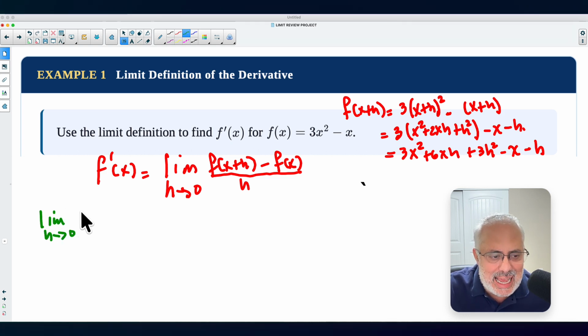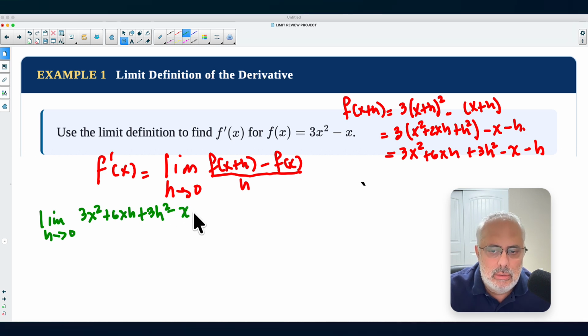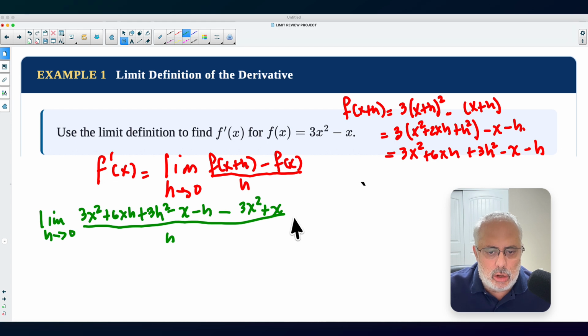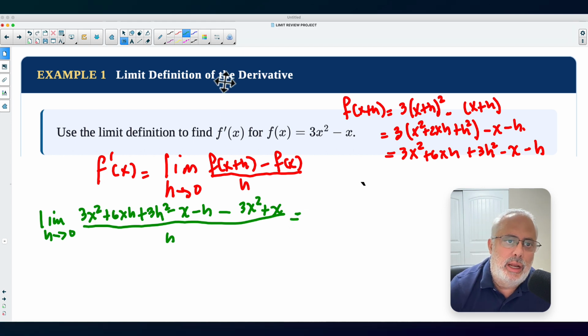So I'm going to put exactly the same expression, 3x squared plus 6xh plus 3h to the power of 2 minus x minus h, minus the function. The function is 3x squared plus x. Remember, when I multiply by negative, change the sign for 3x squared and the sign for minus x, which is now plus x. So all of that is divided by h.